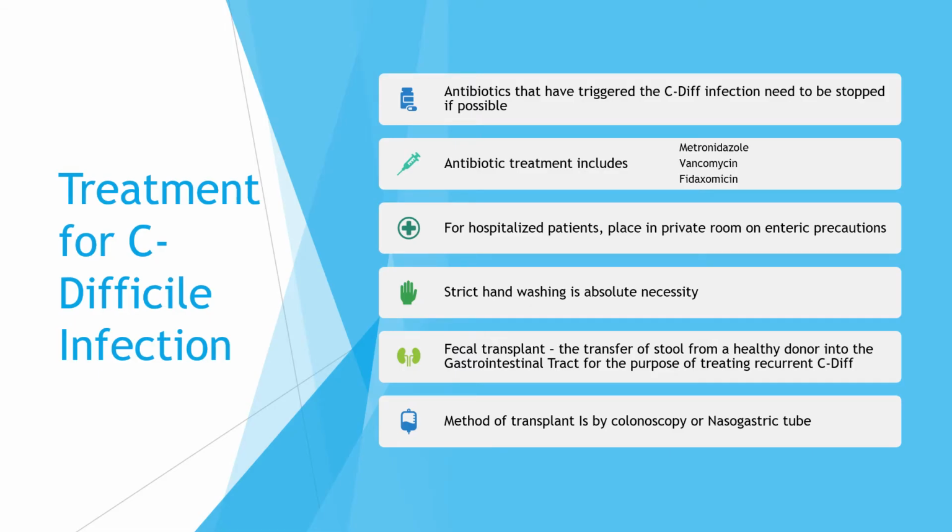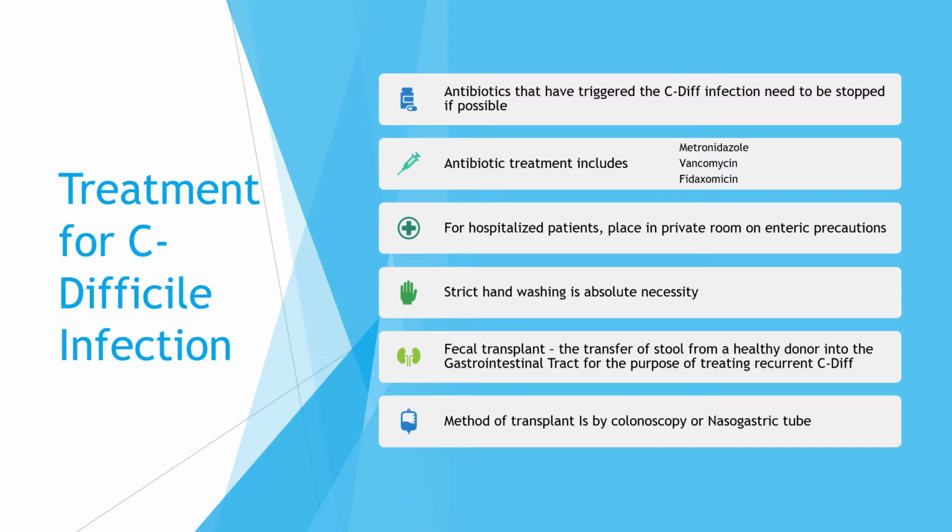This next slide shows the different treatment options for the C. diff infection. There are a couple different treatment options for C. diff patients. Antibiotics that have possibly triggered the C. diff need to be stopped immediately. Antibiotic treatment includes metronidazole, vancomycin, and fidaxomicin.